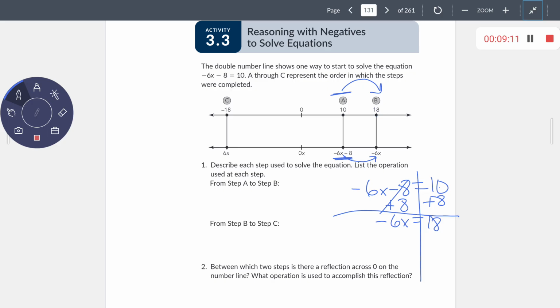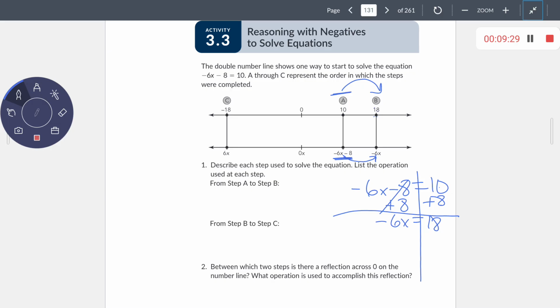Now, remember, we've talked about a reflection before in here. So this is negative 6x. It's on the wrong side. I'm going to move it over here, which means basically I'm multiplying by negative 1.